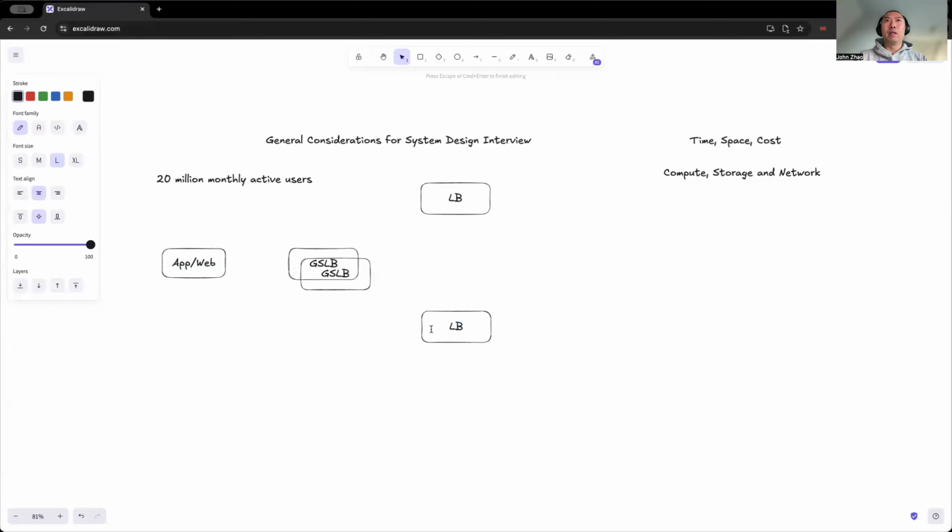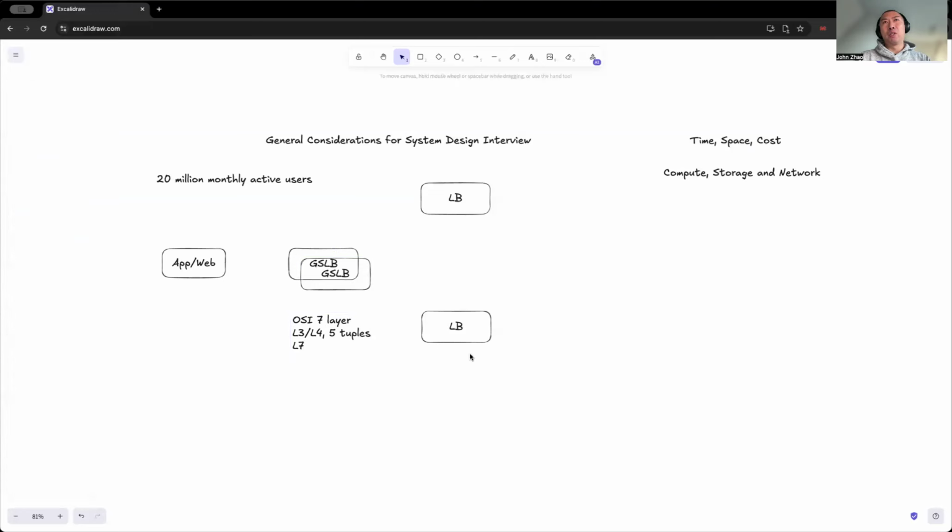I don't believe we'll go into real detail on load balancing, but from the OSI seven-layer perspective, we can have load balancing at layer 3 or layer 4, based on the five-tuple: source and destination IP address, port, etc., and MAC address, which is super efficient. For layer 7, you have more information, like user information or application-level information, and you can do load balancing based on that. Normally the global server level might be layer 4, transport or network.